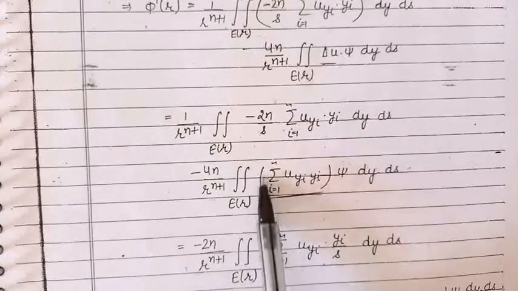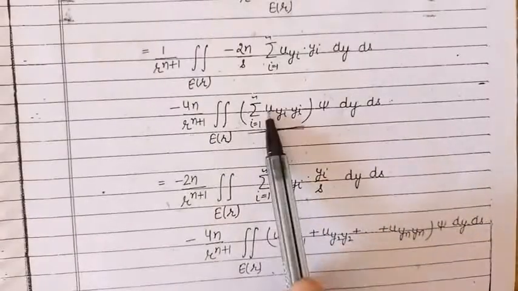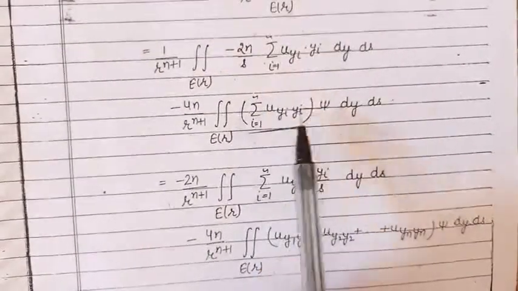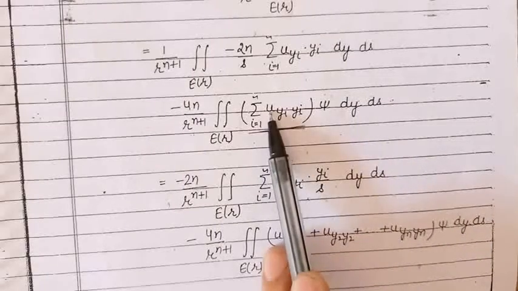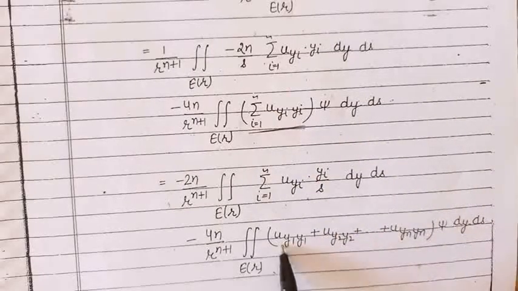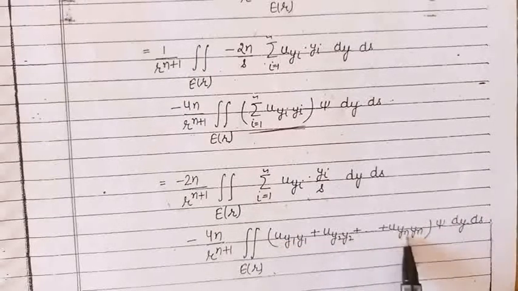Now let us expand this summation. Putting i equal to 1, the first term will become ∂²u/∂y1², second will become ∂²u/∂y2², and the last will become ∂²u/∂yn².